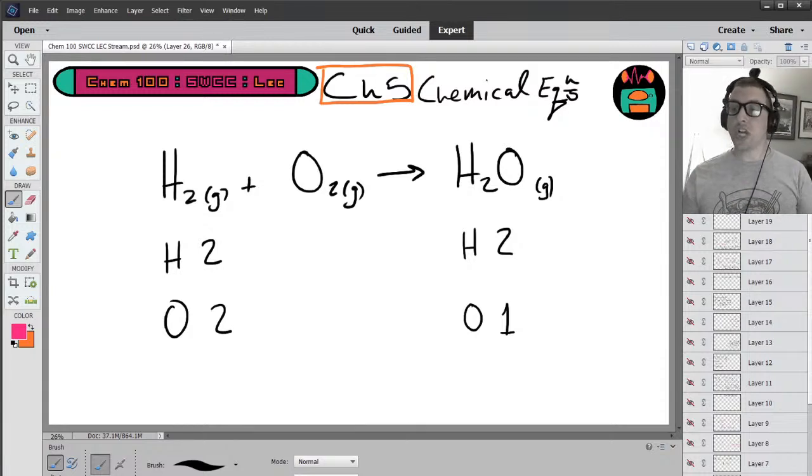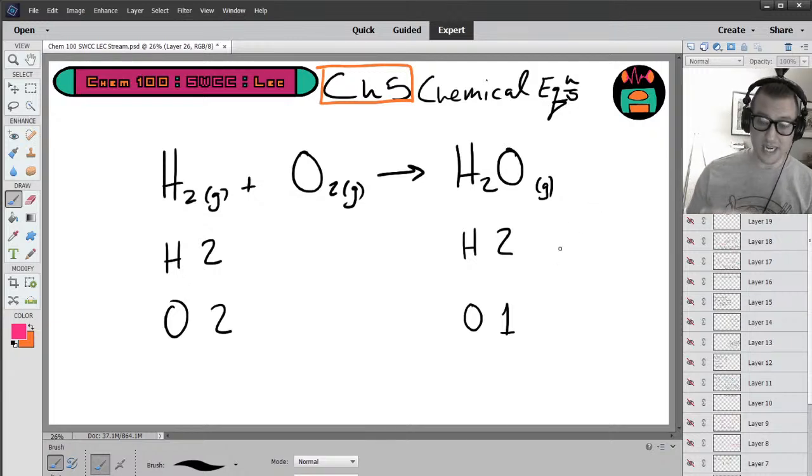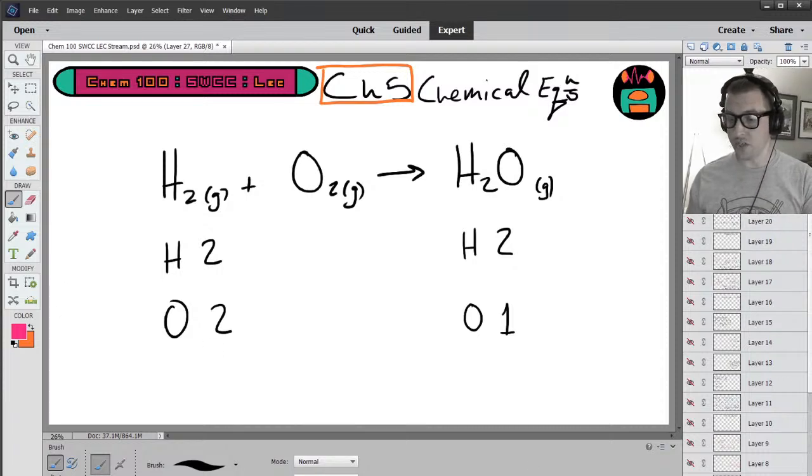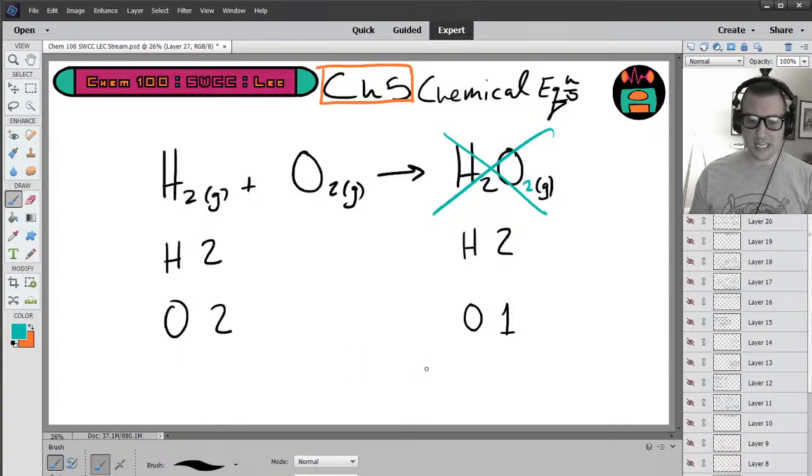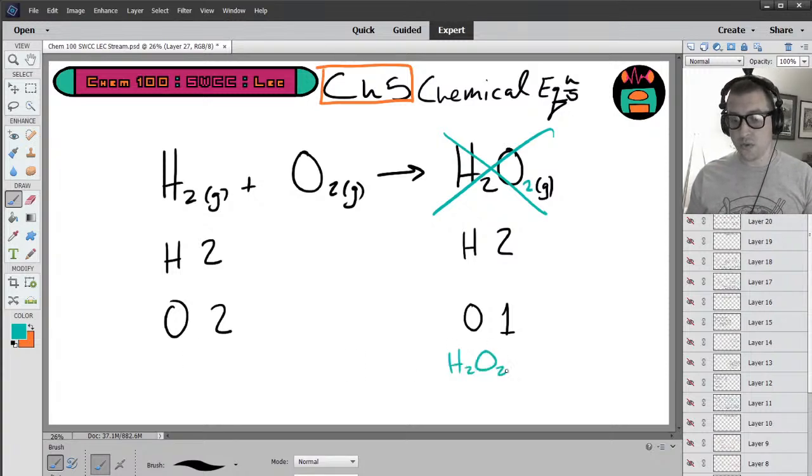You're never allowed to change the subscript of any element in any atom. And the reason why is if you change the subscript, you actually change the equation. You might look at this and think, oh, well, why don't we just throw a 2 right there? The reason why you can't is because that's a different reaction.